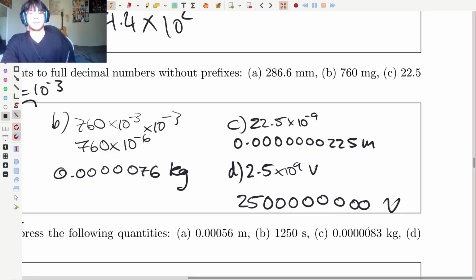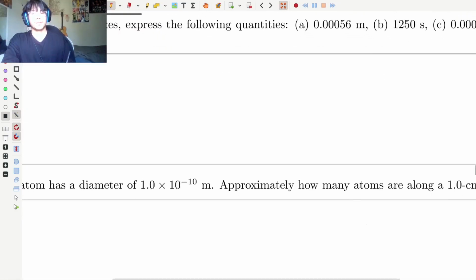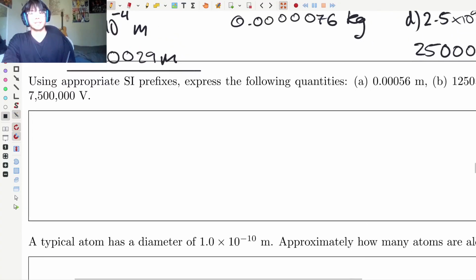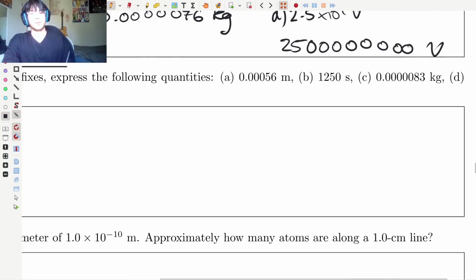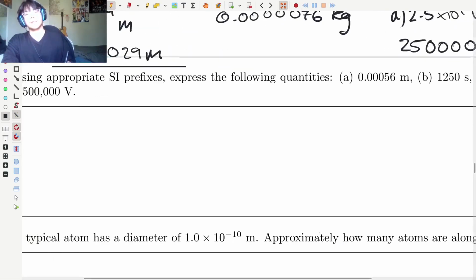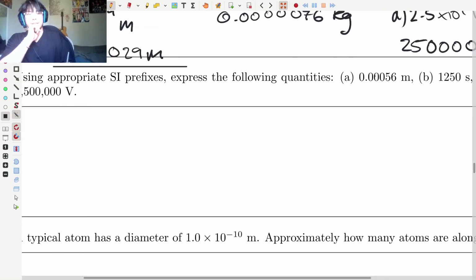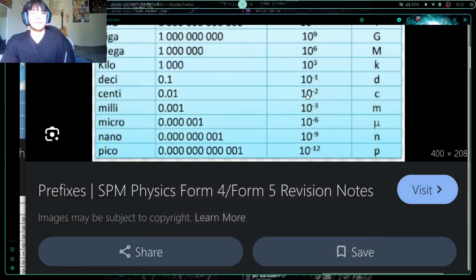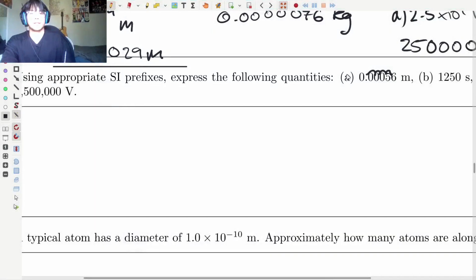Volts. Using appropriate prefixes, express the following quantities. So this is just going to do the opposite of what we just did. 0.0056 meters. So it's probably better to do in a 3 or a 6.